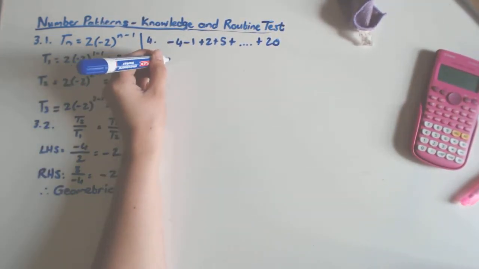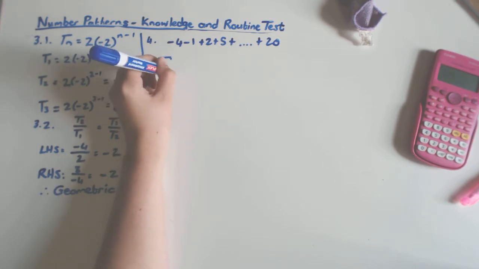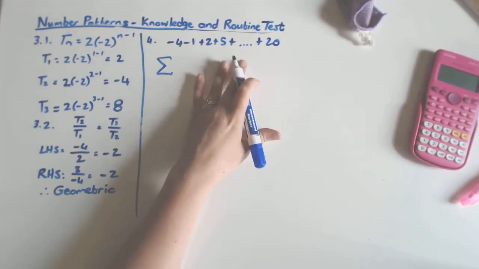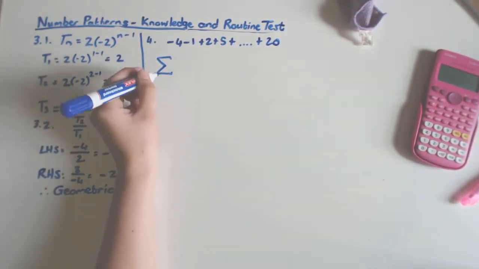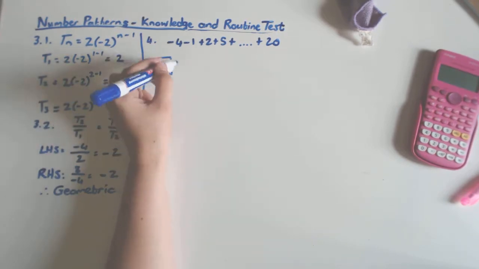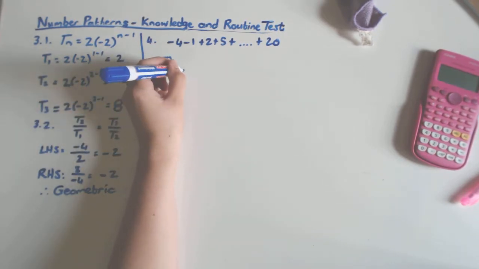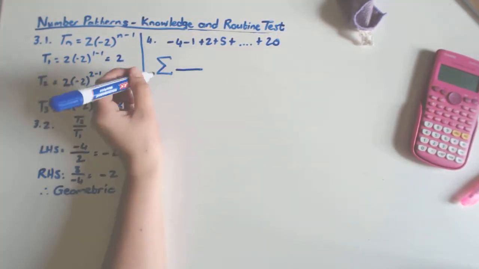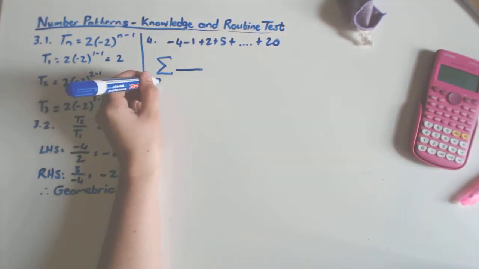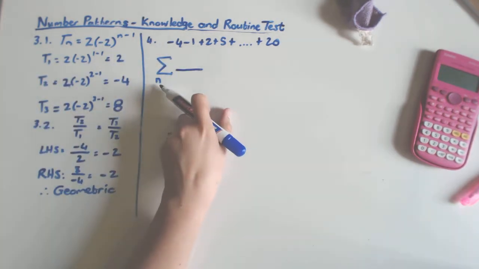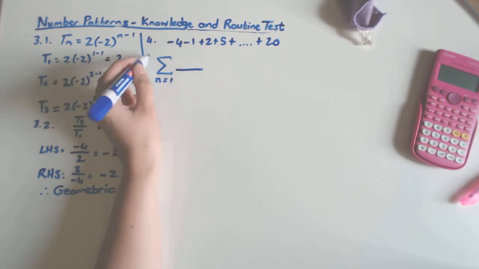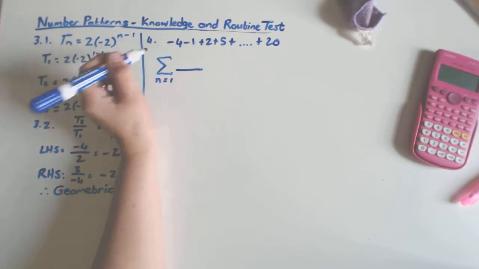Now for sigma notation, if you know exactly how sigma notation works, it's not a big problem to see immediately what you must do. In sigma notation, I will have the sum of, I have a formula here, so I need the formula of this. Okay, and then they say where usually for number patterns my formula is in terms of n. So from where n is 1 until n is the last one there.